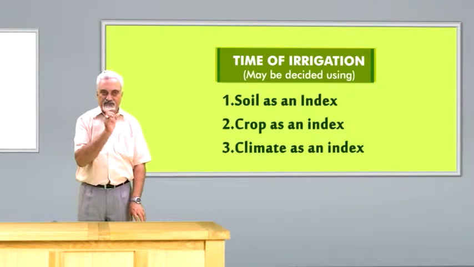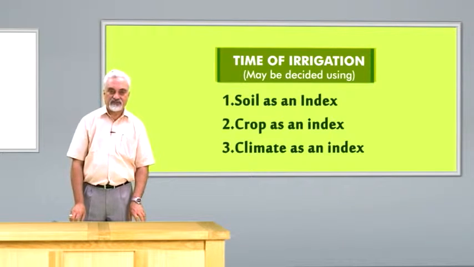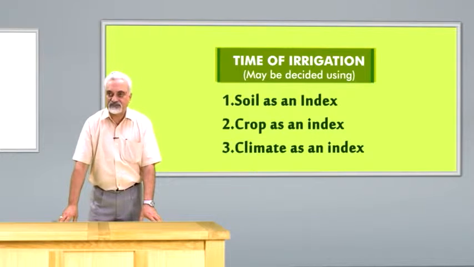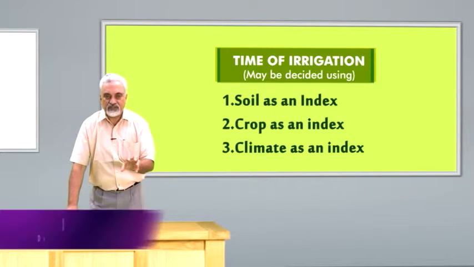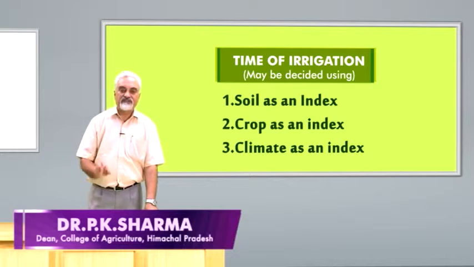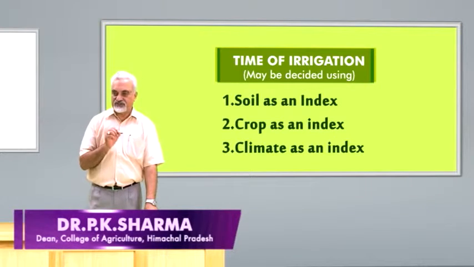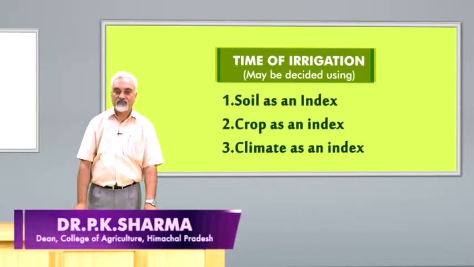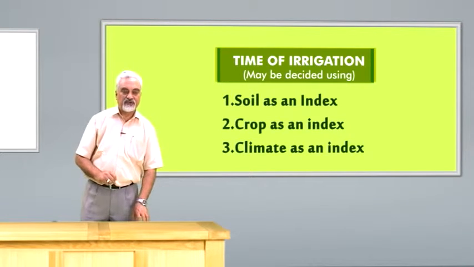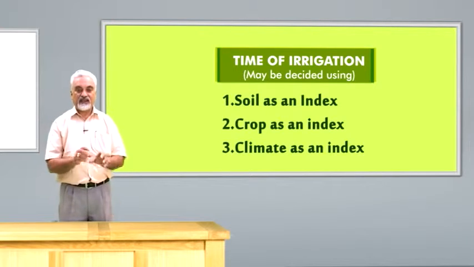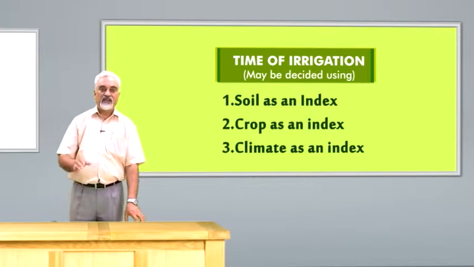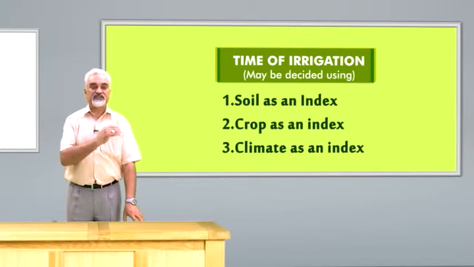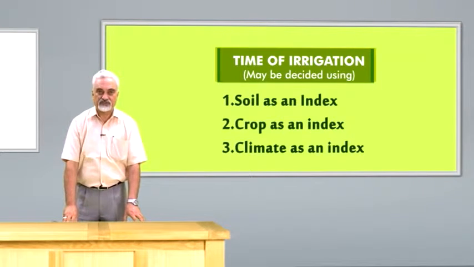The most common method used by agronomists is the application of water at the critical crop growth stages. The critical crop growth stages are the physiological stages at which the crop is very sensitive to moisture stress. If the crop suffers from water stress at any of these critical growth stages, it experiences a very serious loss in biomass production.